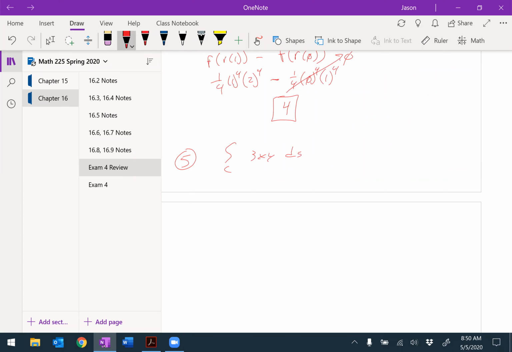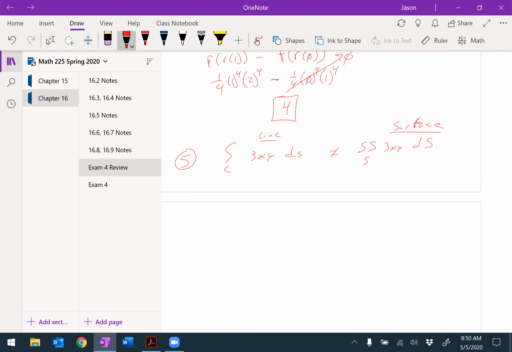You'll know it's a big S if you have a big S here and you've got a double integral. So again, this is not the same thing as this. That's a surface integral. This is a line integral. Keep that in mind. Those are completely different. So we're dealing with the line integral.